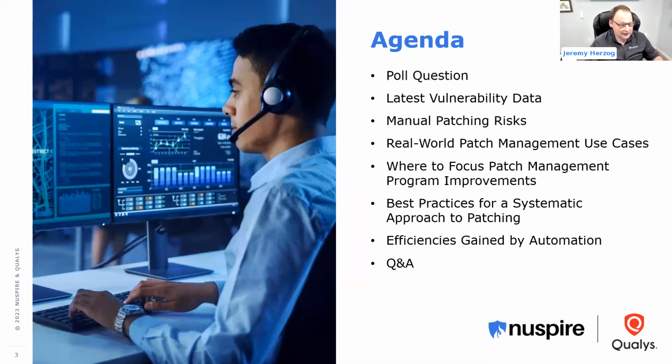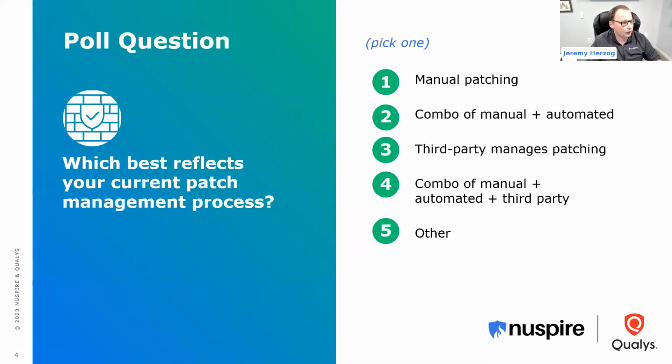So the next thing that we'll go into here is our poll question for the webinar. The poll question will pop up on your screen. And the question is, which best reflects your current patch management process? Is that manual patching, a combo of manual and automated, third party manages the patching, a combo of manual, automated, and third party, or just something else?